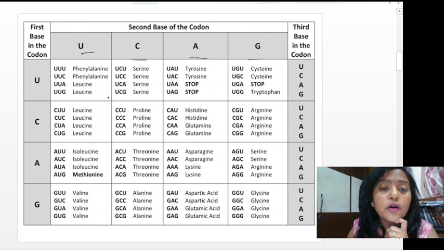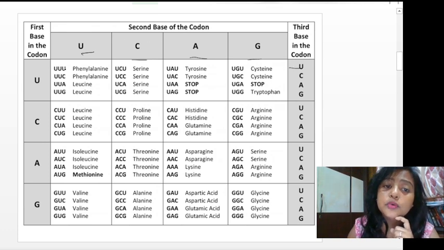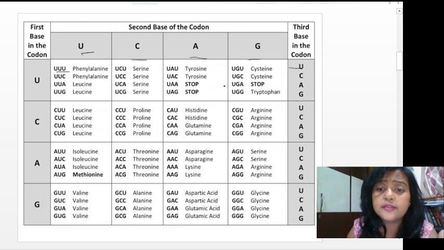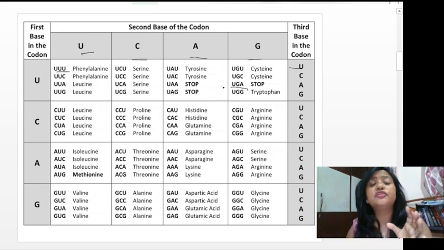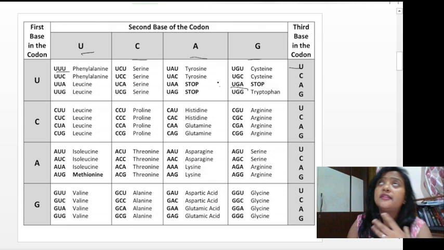In the first box, the first base is U, then the second base is U, and so on. Now let's talk about this one, UGA. What is this? I will tell you later, because there are some punctuations in the genetic code. There are the start and stop codons.